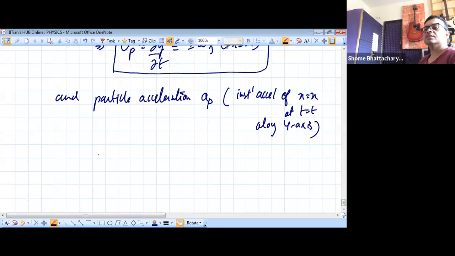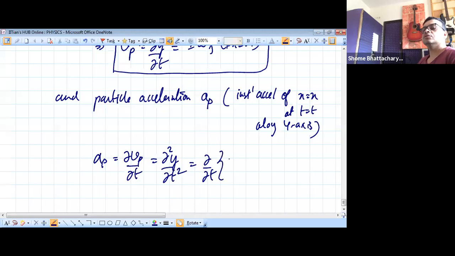So this acceleration will be del Vp by del t, which is the same thing as the second derivative of y with respect to t, but partial derivative, keeping x constant. So just now we saw this was plus or minus omega f prime of kx plus or minus omega t. So the partial derivative of this whole thing with respect to time, because that thing is your Vp.